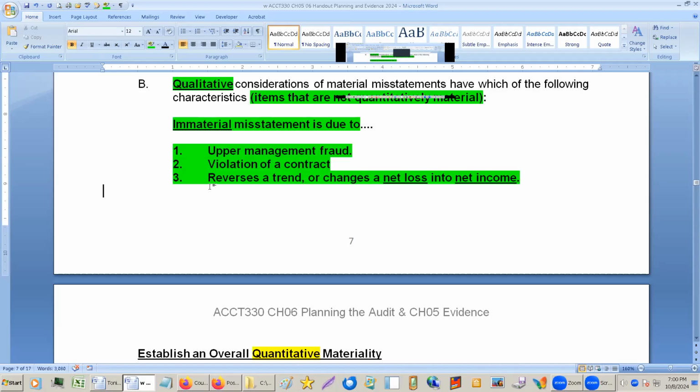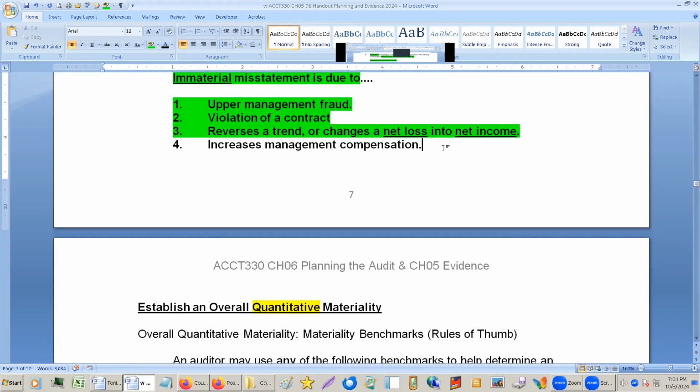I'm going to throw this in here. We covered it in the upper management fraud, but I'll put this one in: if it increases management compensation. That's another one that would be in there.